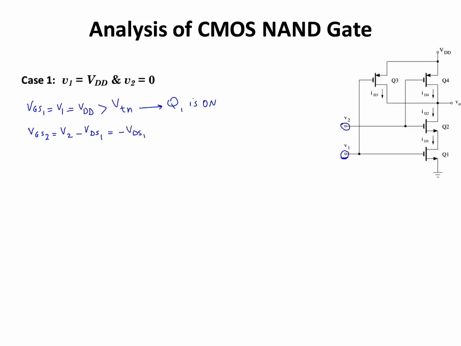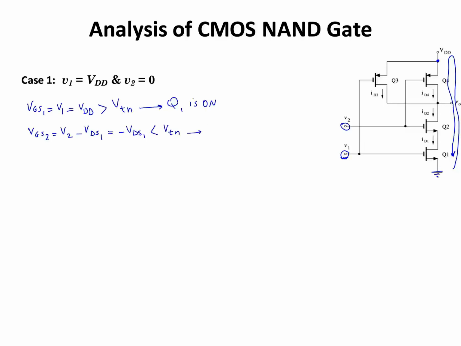Looking at this loop, I have VDD volts at this node, and this node is the reference at 0 volts. So this VDD is going to be distributed among the drain-to-source voltages of Q4, Q2 and Q1. So VDS1 is either 0 or it has a positive value. As a result, negative VDS1 is zero or negative, which is less than the threshold voltage for NMOS, a positive number.